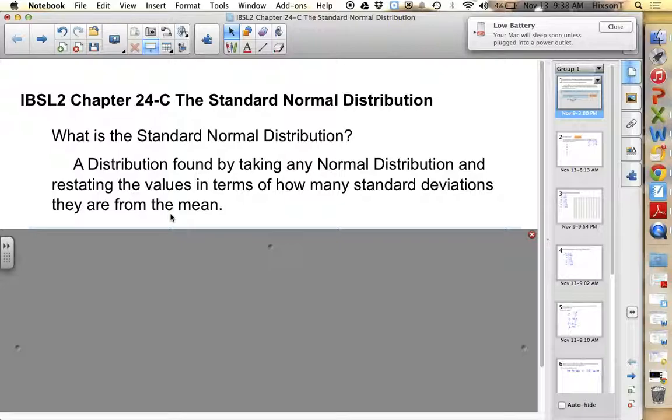Whereas if we converted everyone to a z-score based on the guys' mean and standard deviation, and the girls' mean and standard deviation, then we could have a guy and a girl who are two different heights in reality, but they both have a z-score of, you know, negative 0.5. So relative to their gender, they're the same height. Does that make sense? It allows you to make comparisons when the original units of measure, or the original situation, is not the same.